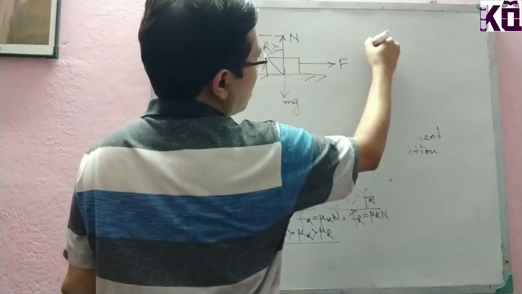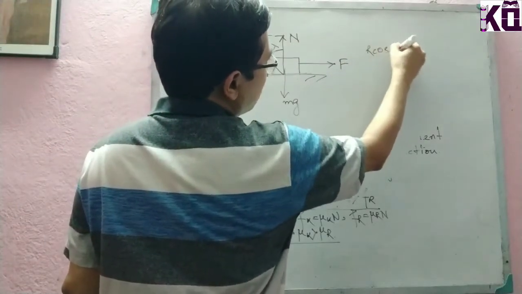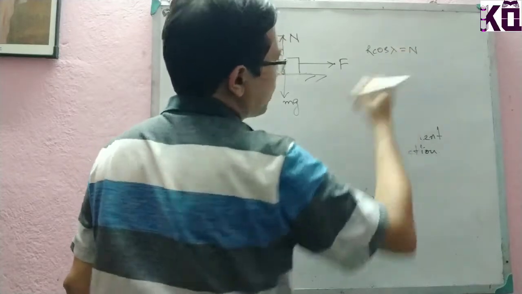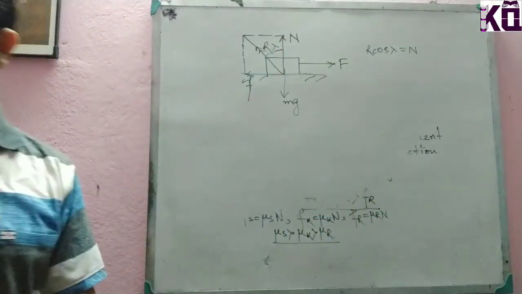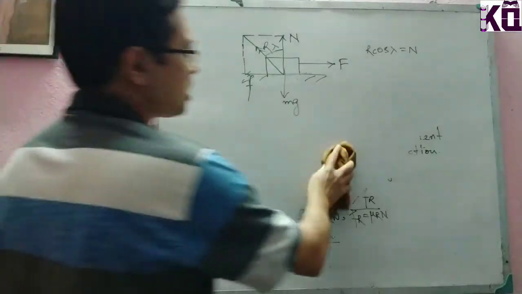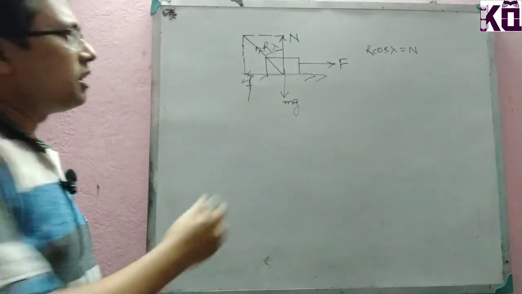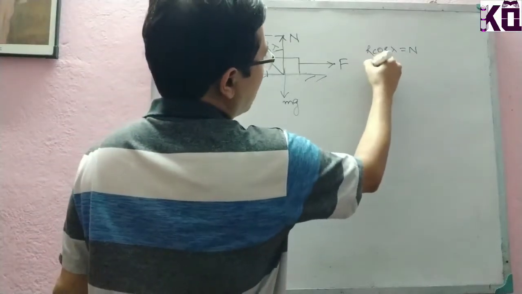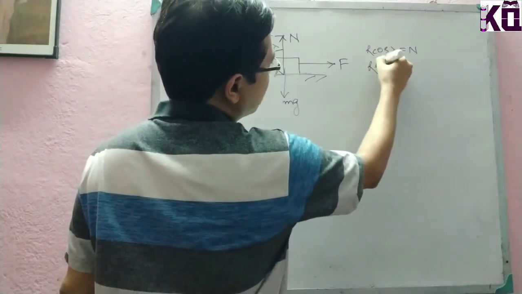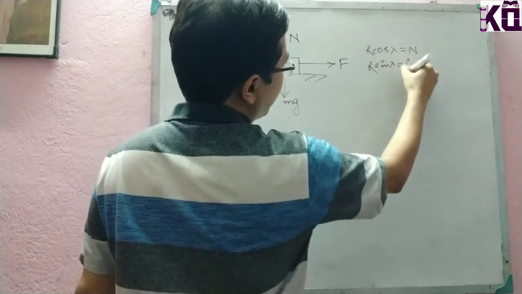We can say R cos lambda equals N, and again R sin lambda equals F.